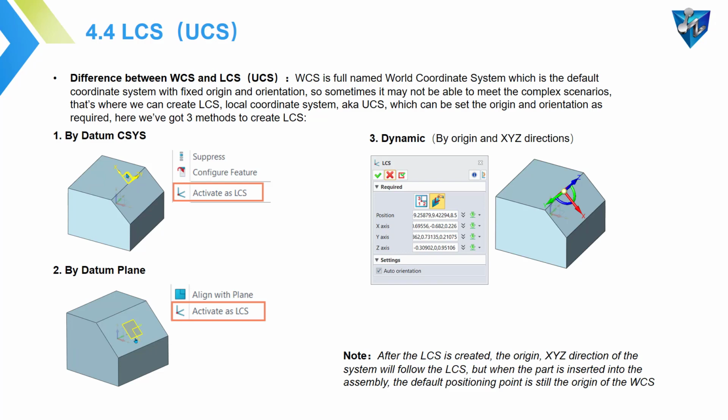Please note that after the LCS is created, the origin and XYZ direction of the system will follow the LCS. But when the part is inserted into the assembly, the default positioning point is still the origin of the WCS. Okay. Now let's move over to ZW3D to show you more details.